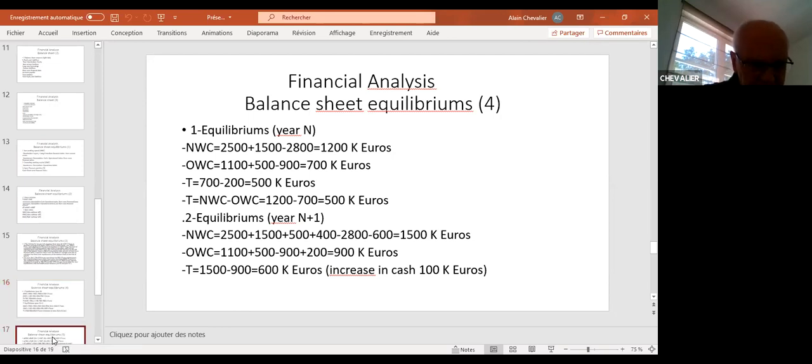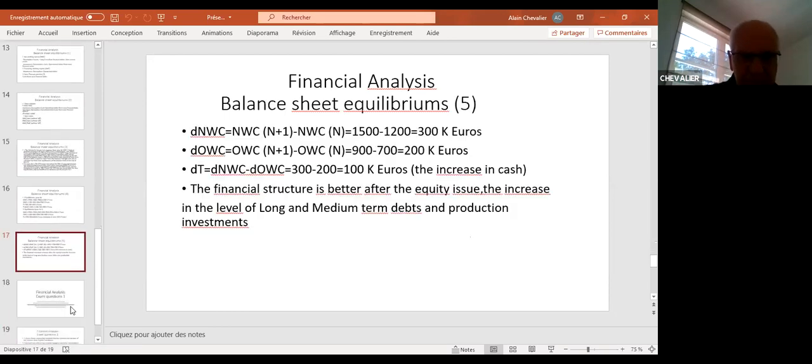So here we are. Now, you have a summary of what I just said on the modifications between N+1 and N, 300, 200, and 100 for the three main equilibriums.